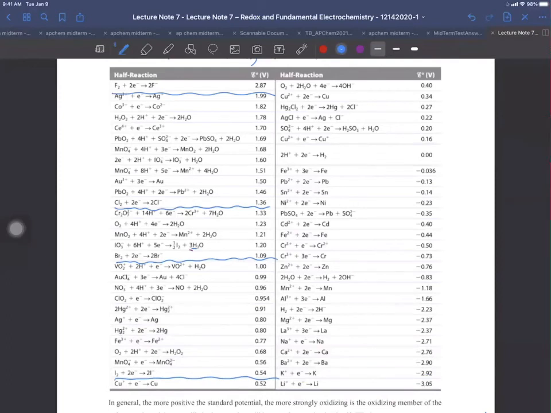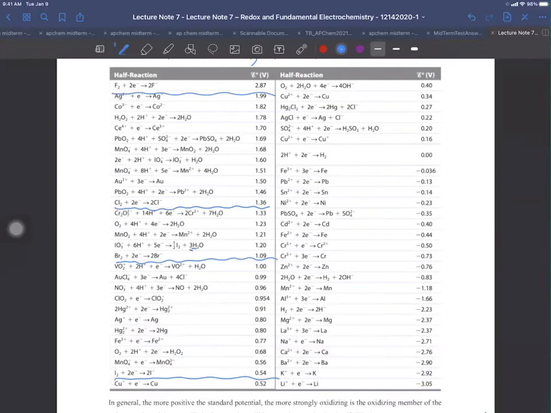Or we can say the halogens are getting weaker in terms of oxidizing ability, right? I think this is easy to understand because when the size of a halogen gets larger, the nucleus is weaker at attracting electrons, right?